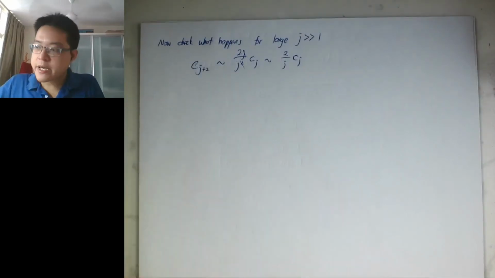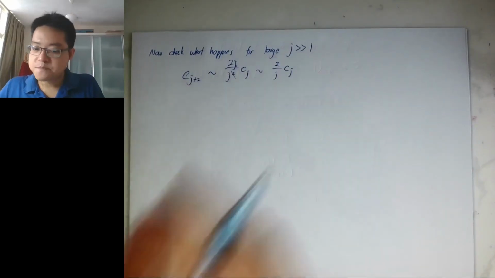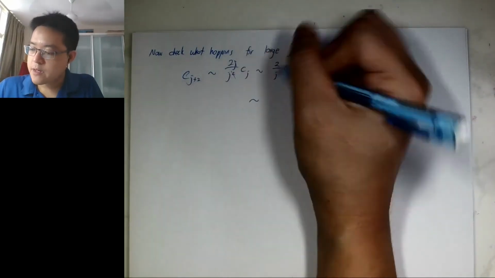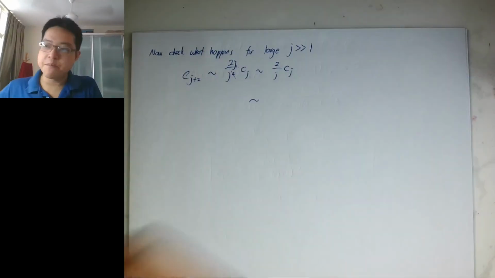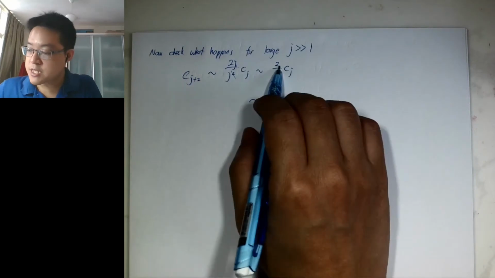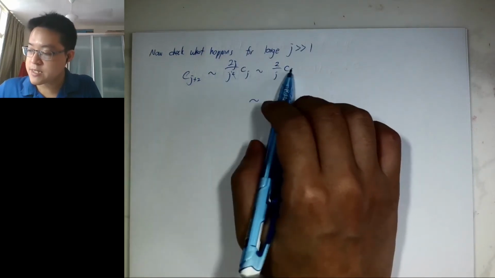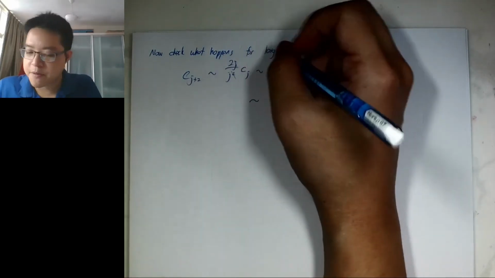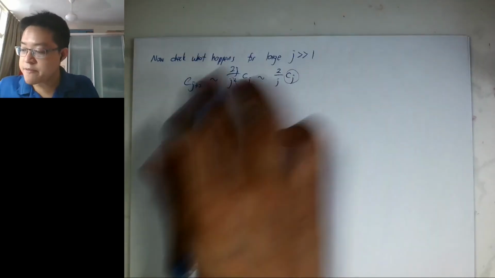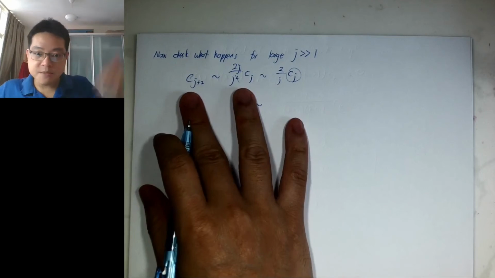So we're just checking what happens when j is large. For reasons that will be clear later, let me just show you what happens if j is large. So if j is large, Cj is approximately this, plus some small numbers which just change it by a little bit, but never mind. But this Cj itself, I can use the formula again, less by 2.